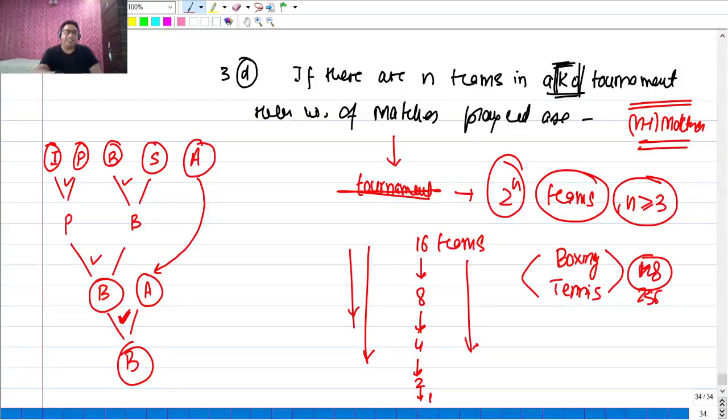So remember, this is a great knowledge. Any knockout tournament genuinely should have 2 to the power n teams. See, check out, even your league in your college would have 8 teams or 16 teams or so on, isn't it? Is it clear to all of you guys?